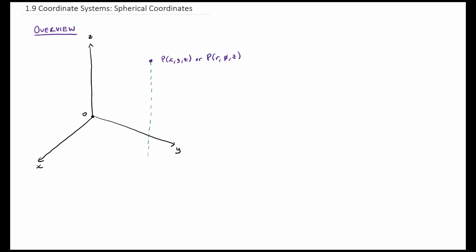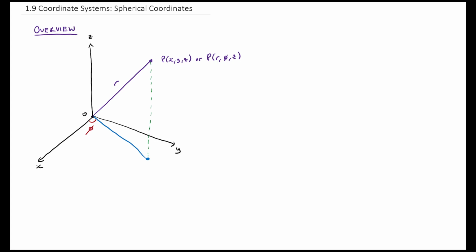So that's basically the height. And so right here, we represented this as r. And this was phi. So now I don't want to call this r, I want to call this r.